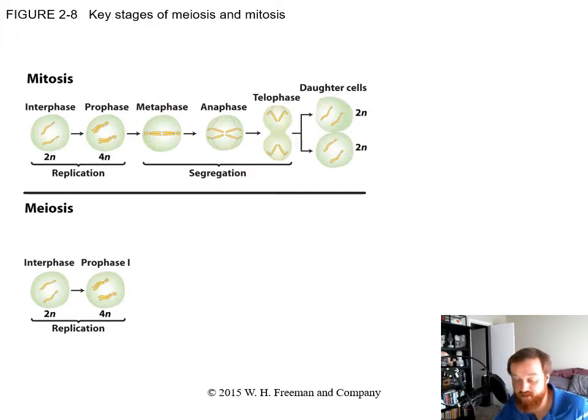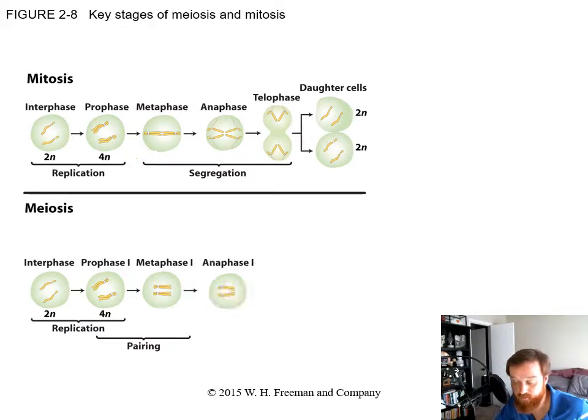Now in meiosis, we have the same replication like in prophase, where we had our original copy, two chromosomes, and they're duplicated to be 4. During metaphase, instead of lining up along the poles, they line up in pairs. Then, during anaphase, instead of pulling apart the two duplicated chromosomes, they pull apart the pairs of chromosomes.